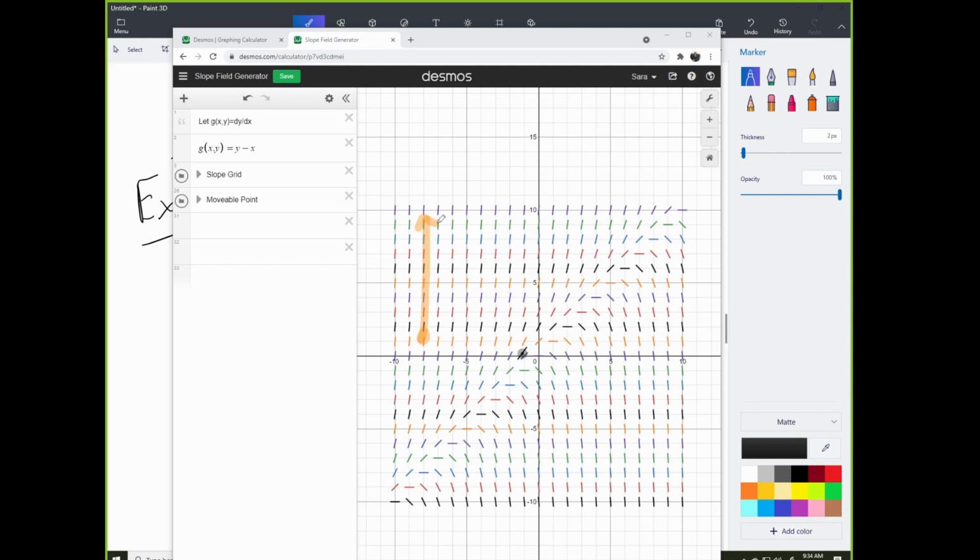But I can see that if I put the object here, oops, it's going to go in this direction. If I move it over slightly, I can see it's going to curve this way. If I put it right here, it's going to curve something like this.